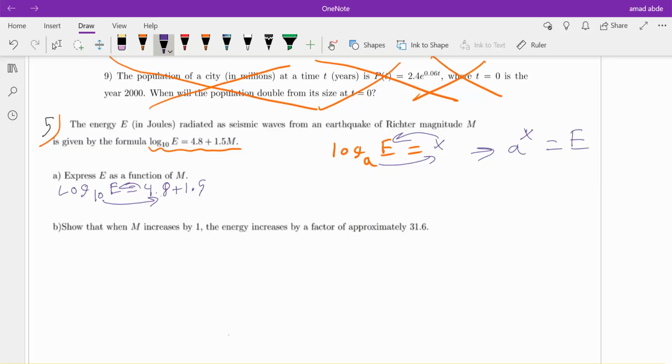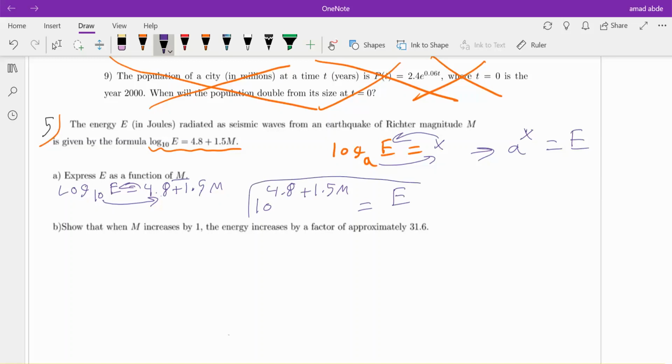So 10 raised to 4.8 plus 1.5m equals E. We can simplify this much more if we wanted to.